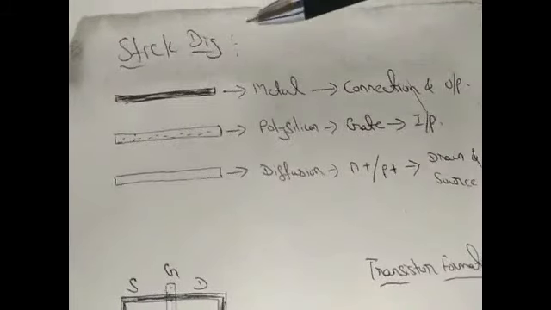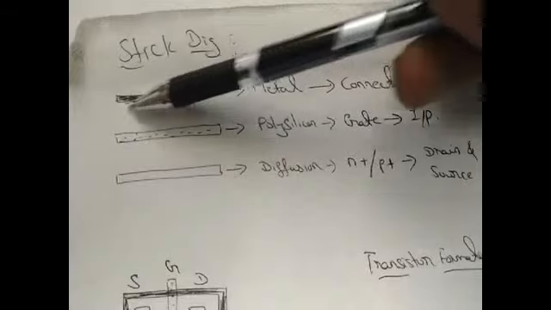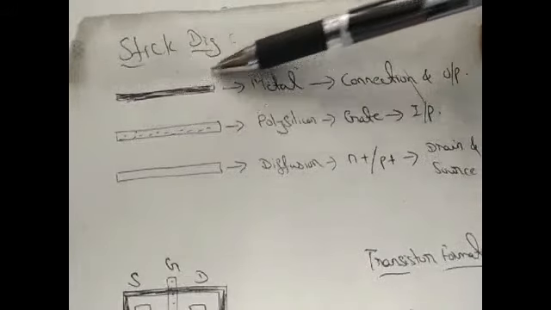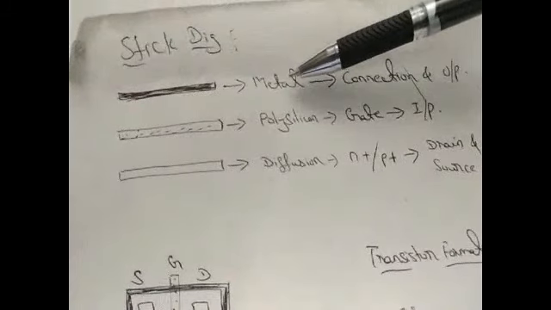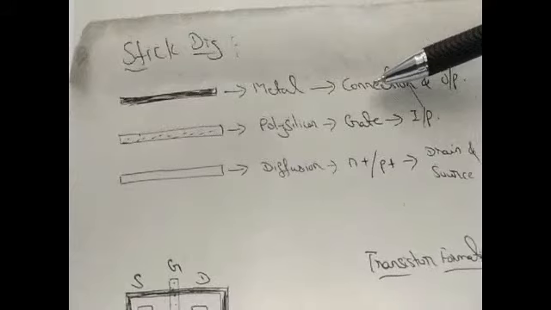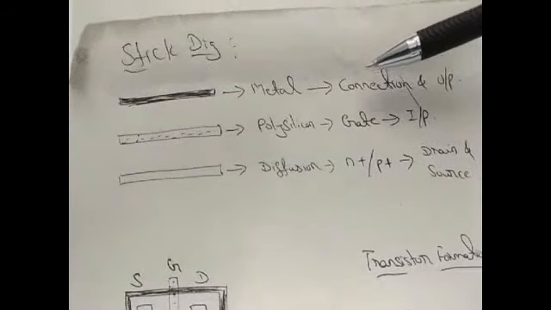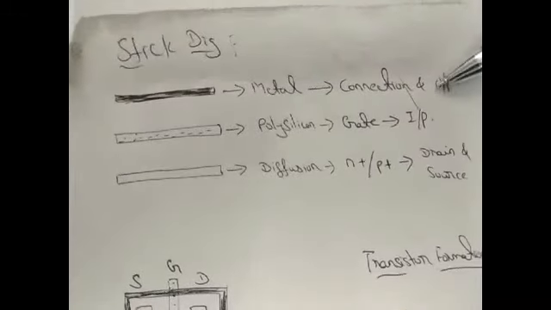Okay, in your stick diagram, see here, the representation with the filled one is only representing your metal. In color it will be of a blue color, and it is always used only for the connection parts which require the metal, as well as to represent the output.